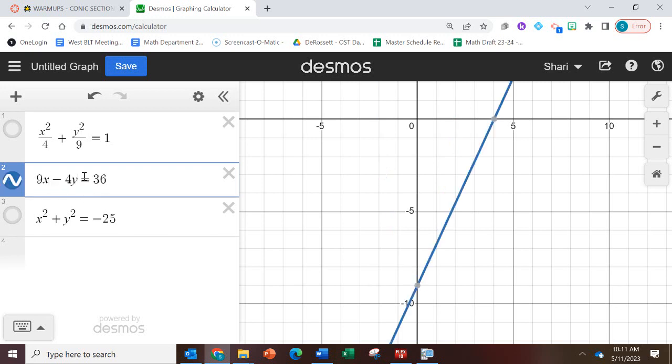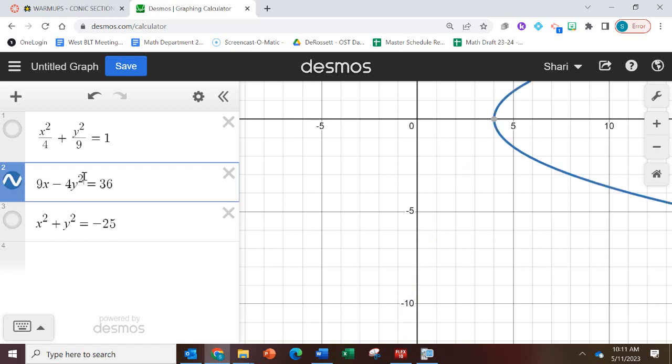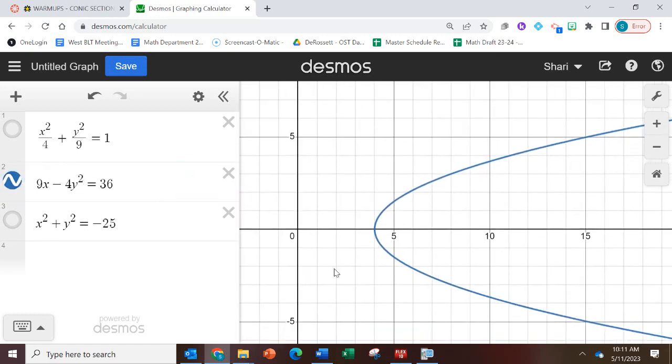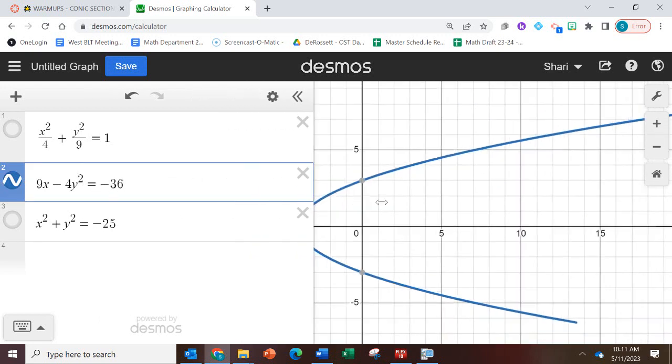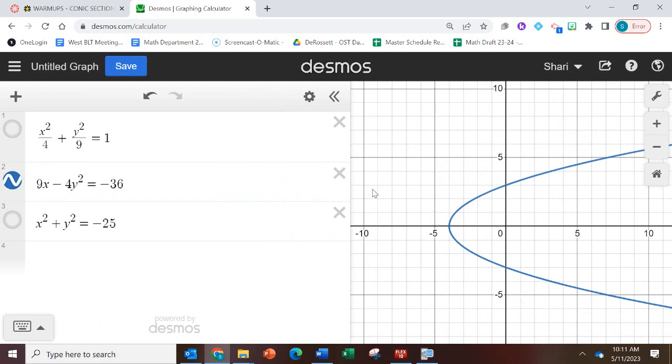And by the way, while we're here, if neither x nor y is getting squared, what do we have? A linear function, a line. But if I make this, see how now it's going to still be a parabola? Even if I change this to a negative, you guys, it's still a parabola. Does not matter. Okay? All right.